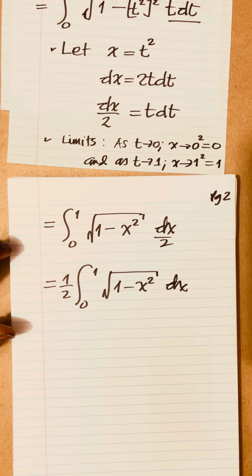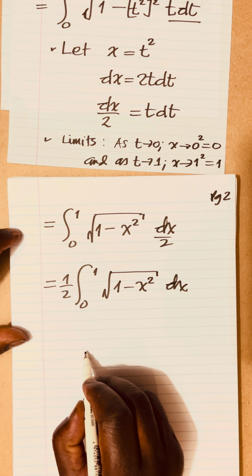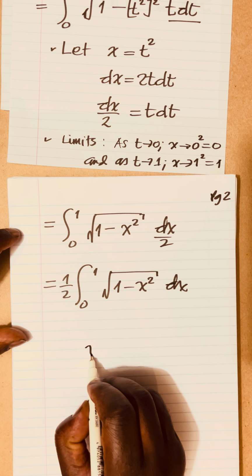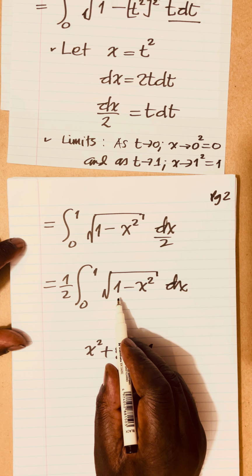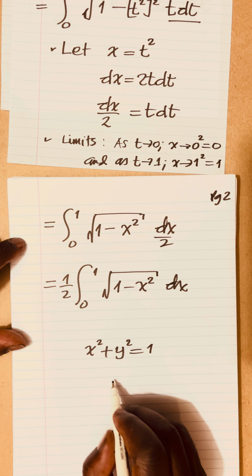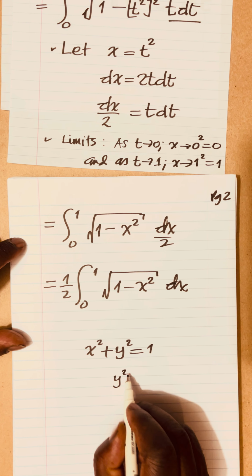At this point, I would like to remind you of the equation of a circle, x squared plus y squared equals 1. This is a circle, you say why 1? Because we have 1 here. And if you solve for y squared here, you're going to get y squared equals 1 minus x squared. There is the expression we're dealing with, that one there.